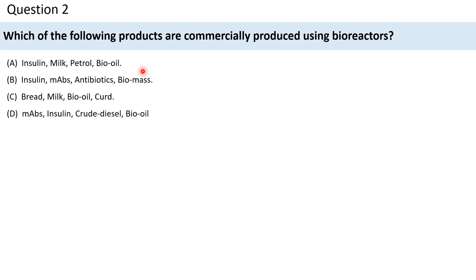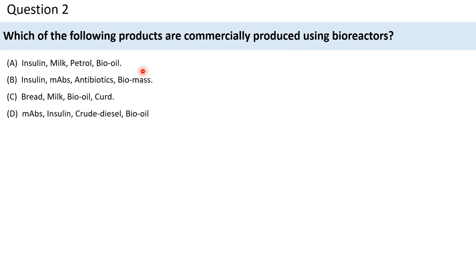Bioreactors are nothing but, we can do most of the experiments at the shake flask level also, but why do we have to go for a bioreactor? If such a question is asked to you, the first answer that has to come out of you is to maintain a controlled environment. You can't maintain the oxygen level, pH and all these important bioprocess parameters at the shake flask level, at all points throughout the fermentation.